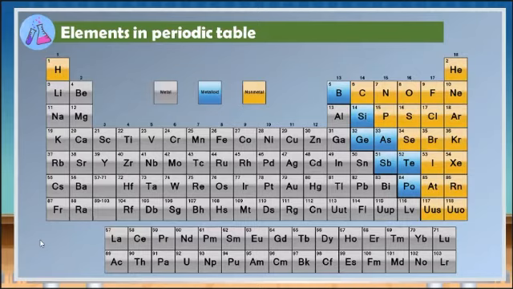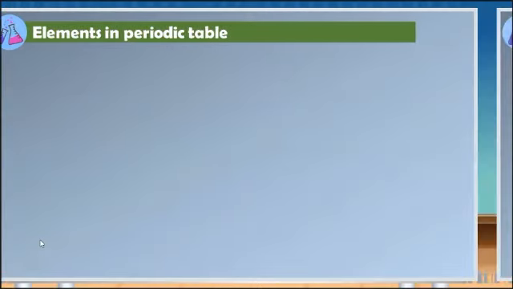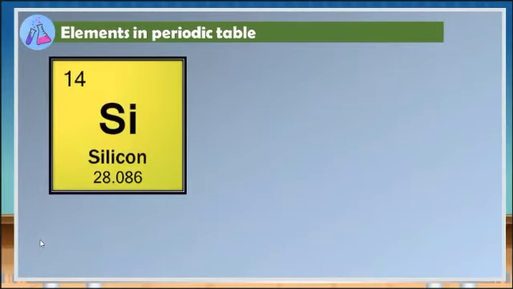Let us identify the parts of each element in the periodic table. We have the symbol, the atomic weight, the atomic number, and the element name. Let me dissect the parts. Here we have silicon.